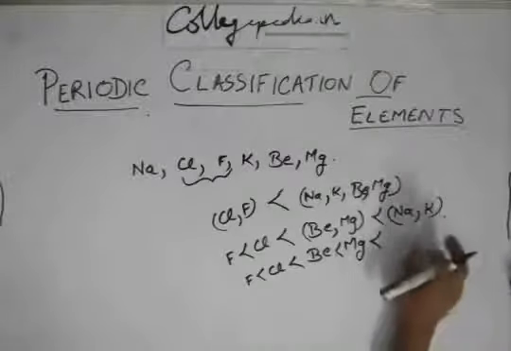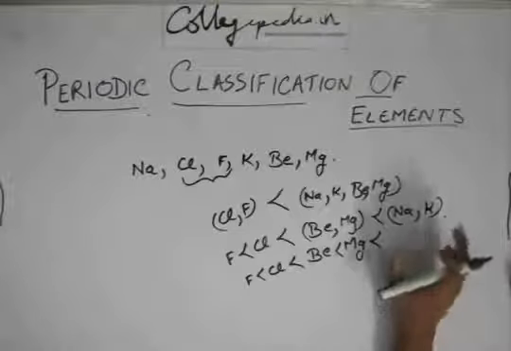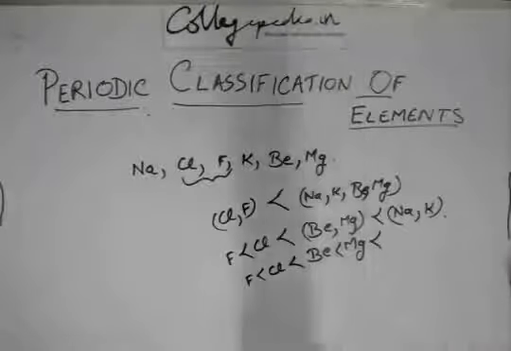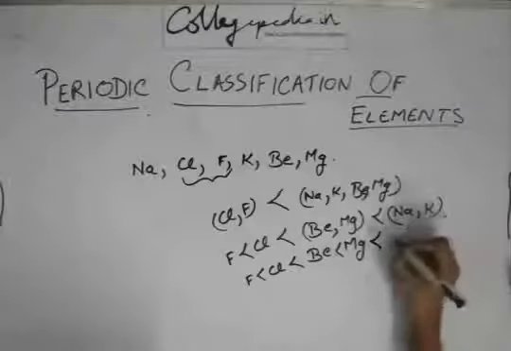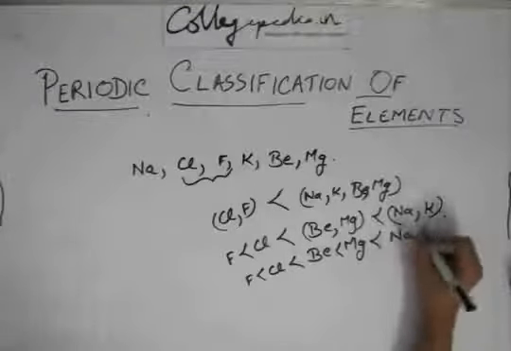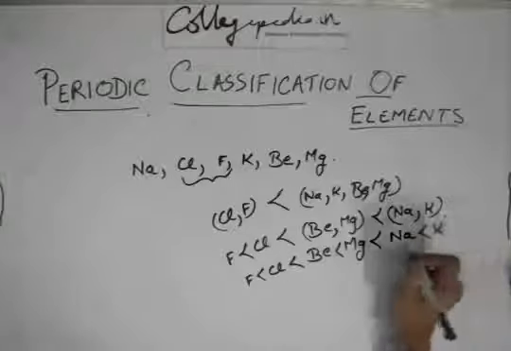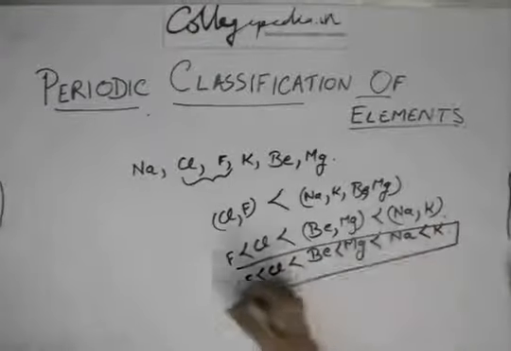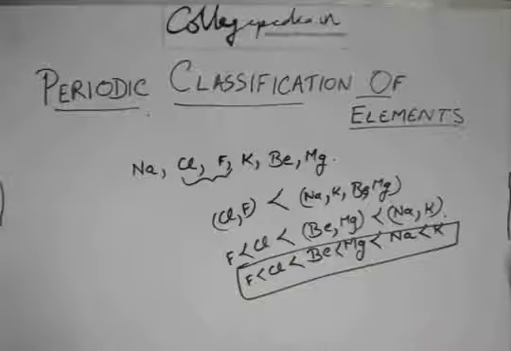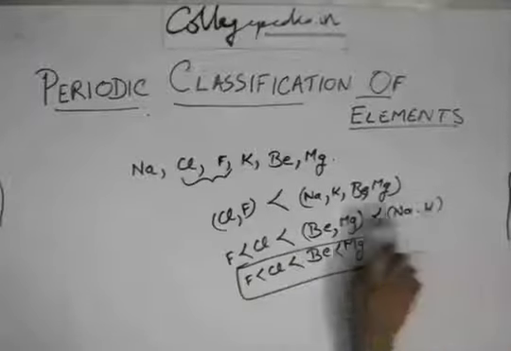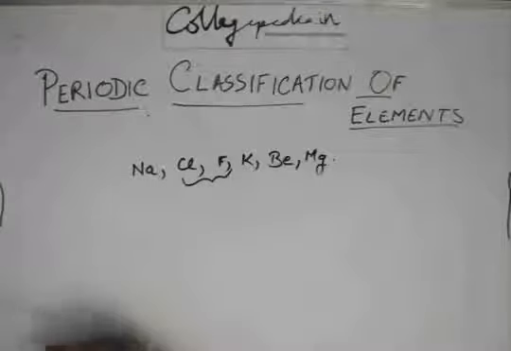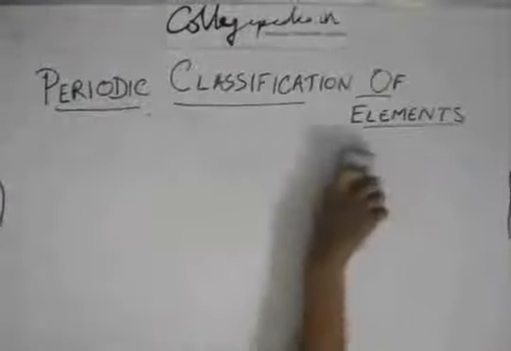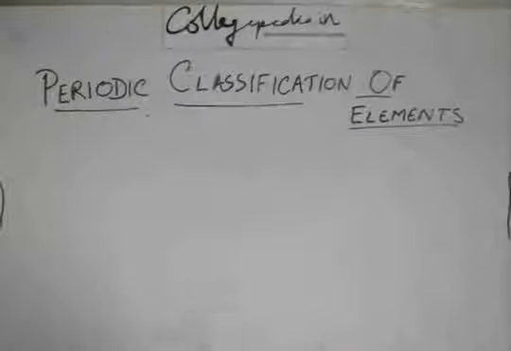Potassium has its electron quite far away, so it's not really attracted to the nucleus, so it can be lost very easily. So sodium and then potassium. So this is the final order of your metallic nature. And try to do all the questions in this way, using brackets, one by one, step by step, if they ask you about metallic nature.